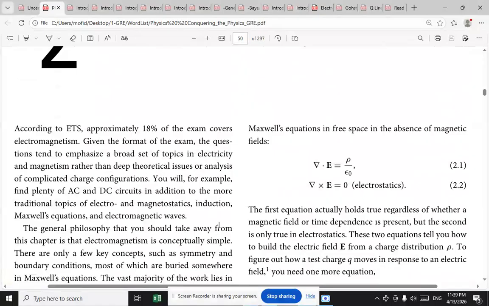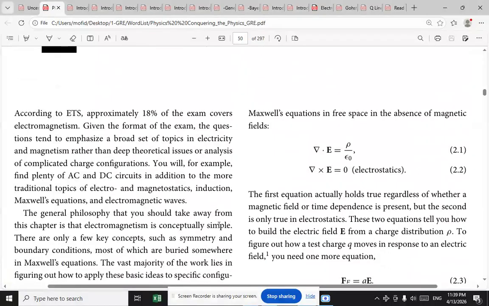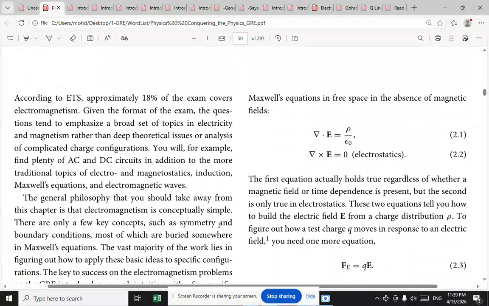The first one is divergence of E is equal to rho divided by epsilon 0. The next one is curl of E is equal to zero in electrostatics. The first equation actually holds true regardless of whether a magnetic field or time dependence is present, but the second is only true in electrostatics.